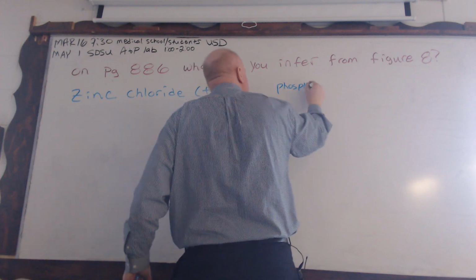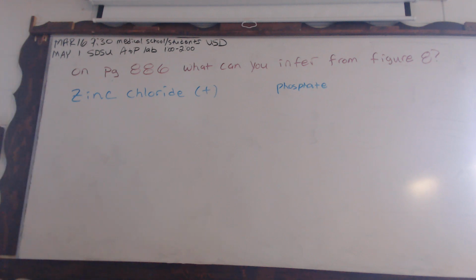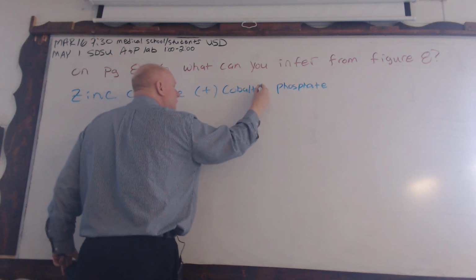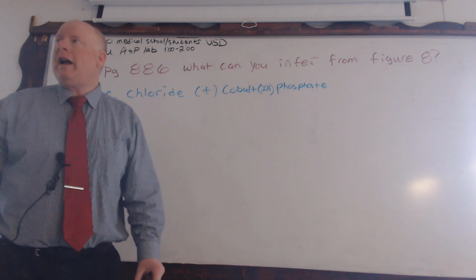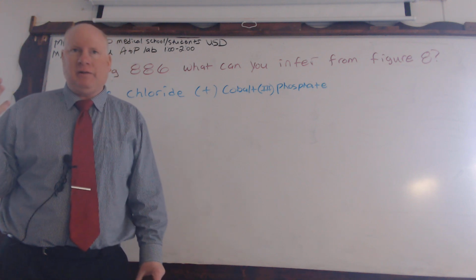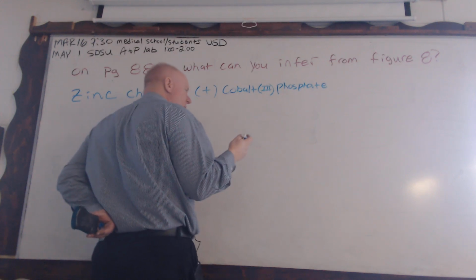Okay, so phosphate. Okay, so what are we putting in front of the phosphate ion? Aluminum. Okay, we wanted a transition metal with multiple charges. Cobalt. Okay, so what type of cobalt? Now, you laugh at this, but this still happens for general chemistry students.